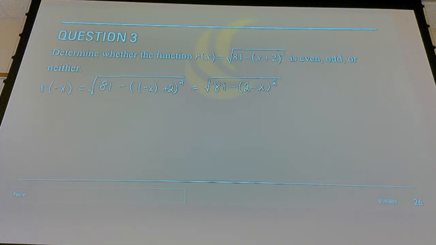Yeah. Wait, no. If we factor a negative out, R of x. So that's neither even nor odd.